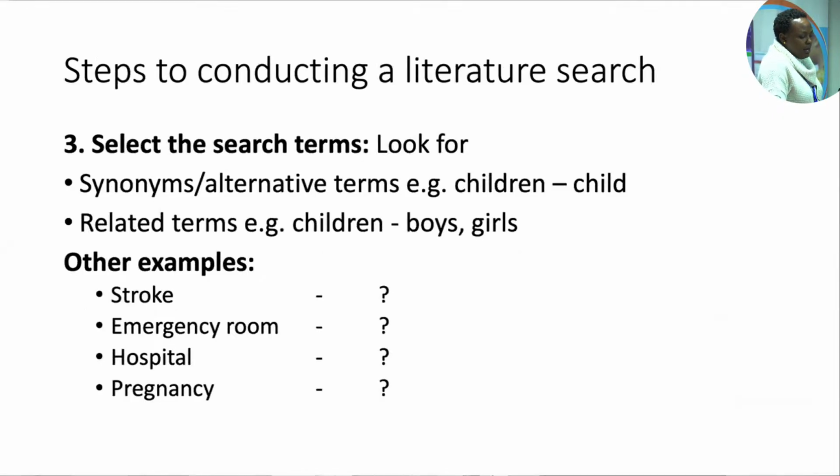Now, when we are conducting a literature search, we must keep in mind that there are alternative words we can use, or related terms. So instead of stroke, what else could we look for? Instead of the word stroke, other people may write it as what? CVA, cerebrovascular accident. Emergency room, they say that in America, but us, what do we say?